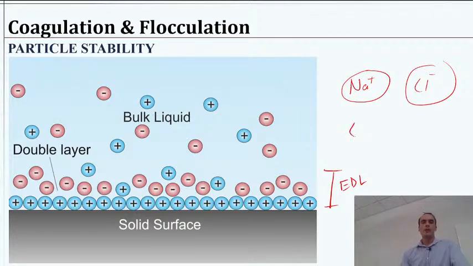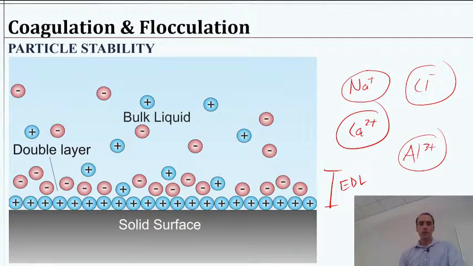If we take something like calcium that has a 2+ charge, it's not much bigger than the sodium, but it's taking up twice as much charge. And so it would shrink that layer and compress it. Likewise, aluminum is also not a much larger atom, but it has 3 times the charge of sodium.